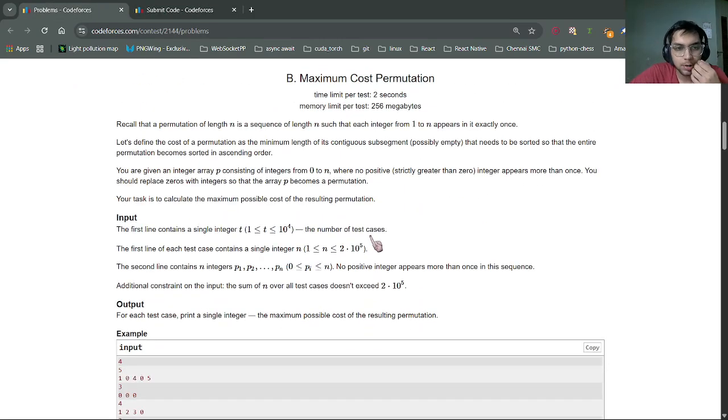So we call it a combination of many changes several times. We can change our phone for the words. Let's define the cost of a combination of its contiguous subsegment. It needs to be sorted so that the entire combination is solved. Not given an integer system of results.